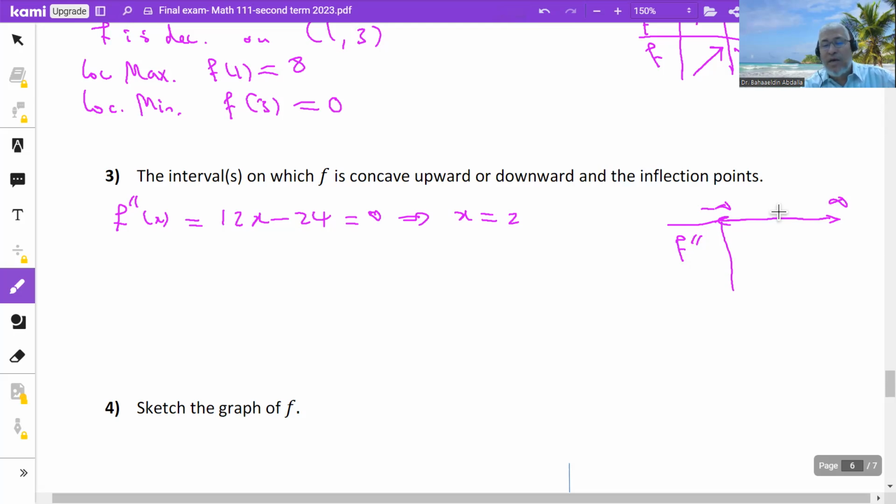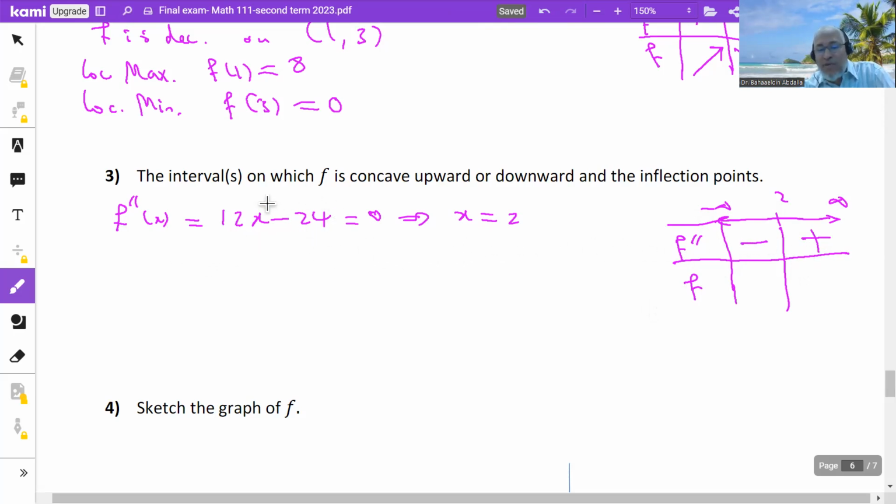Now we check the signs of f double prime. This is the real line, and we have only 2 here, the zero of f double prime. Whenever f double prime is positive, f is concave up, and whenever f double prime is negative, f is concave down. Choose a number less than 2, 0 for example: 0 minus 24 is negative. A number greater than 2 makes f double prime positive.